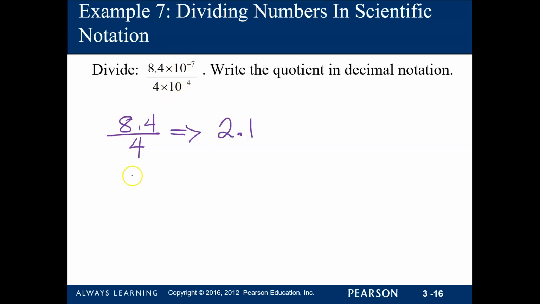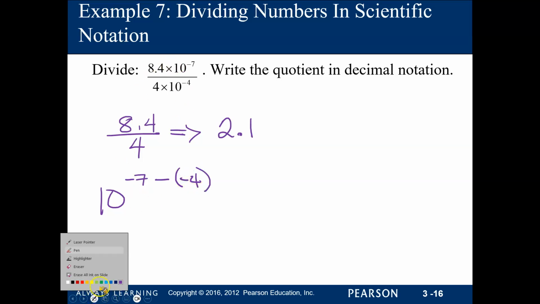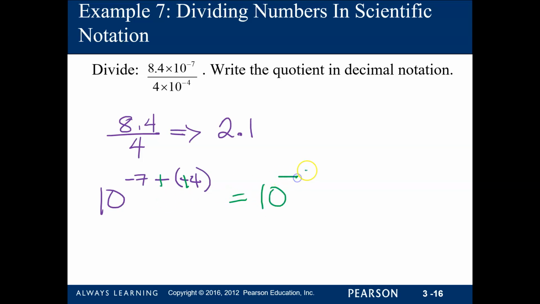Now, for our exponent, 10 to the negative 7 minus negative 4, because it's division. Reminding ourselves with the subtraction of integers, we change the sign and then we add. So this is going to give us 10 to the negative 3, okay? So our final answer will be 2.1 times 10 to the negative 3.